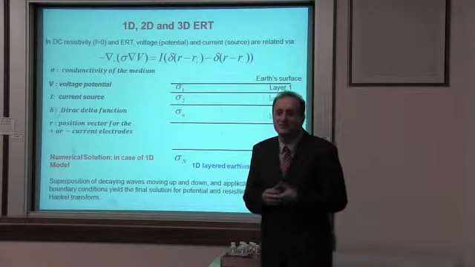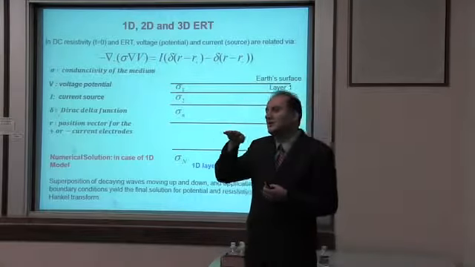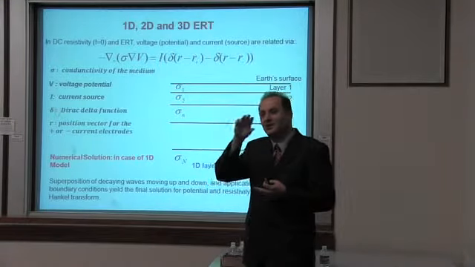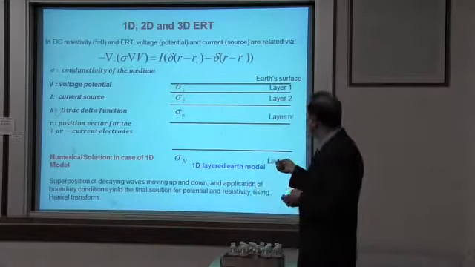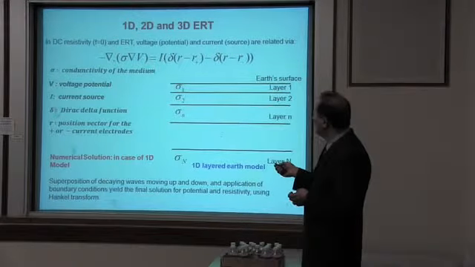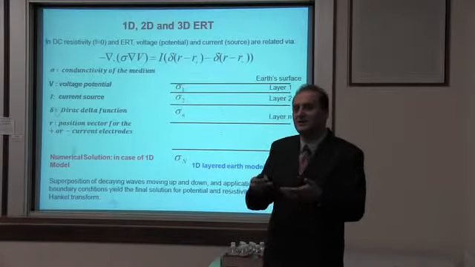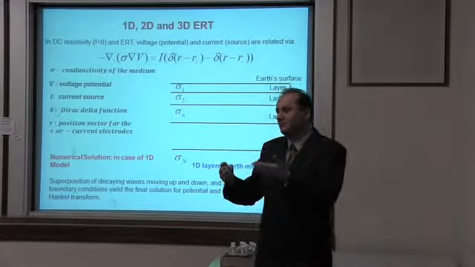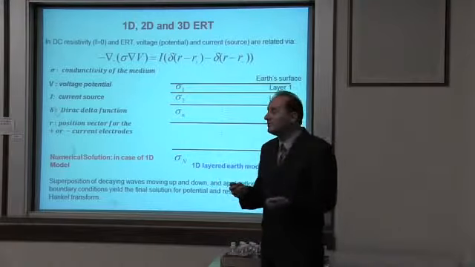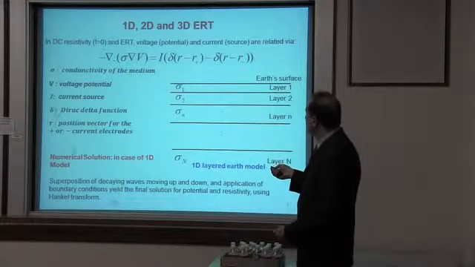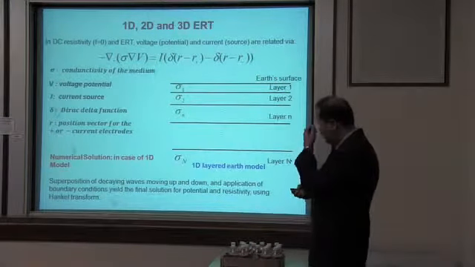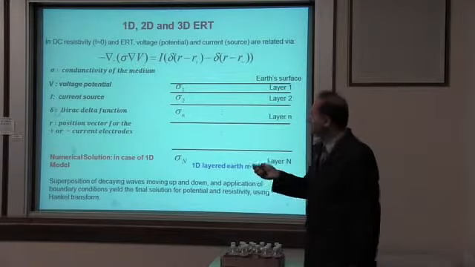Geophysicists typically assume that the Earth is like a layered cake. So you have some layers, and by knowing the conductivity in any layer, because conductivity and resistivity are reciprocal, we can solve an equation.